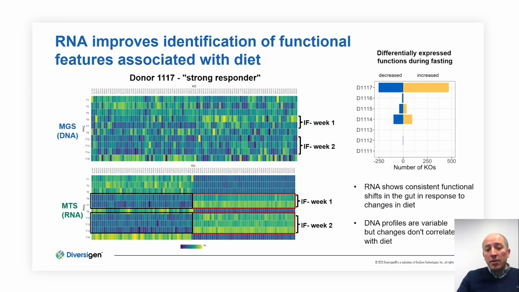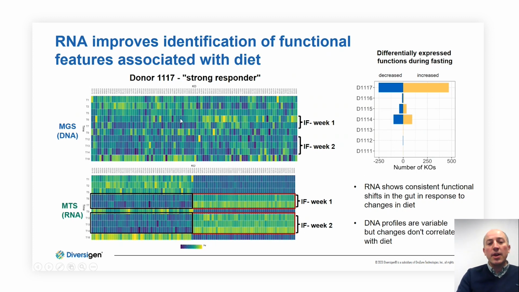So this is the same data, but in a different graph. This is showing donor 117 specifically, a strong responder, comparing metagenomics, DNA, versus metatranscriptomic profiles, RNA. When we look at the top 100 differentially abundant functions in that sample and compare fasting versus non-fasting days, you see that the DNA profile does show changes over time.